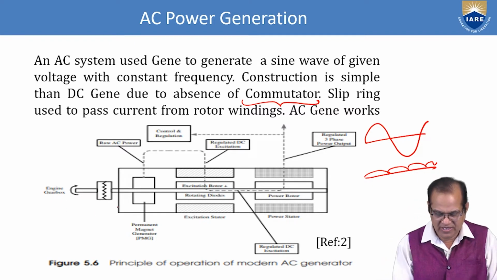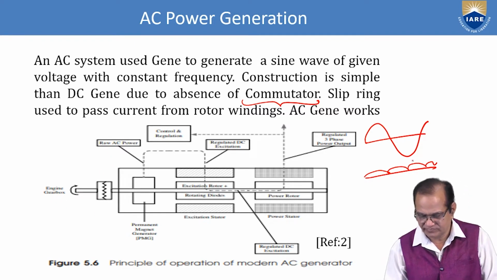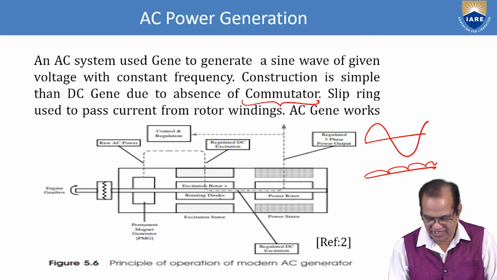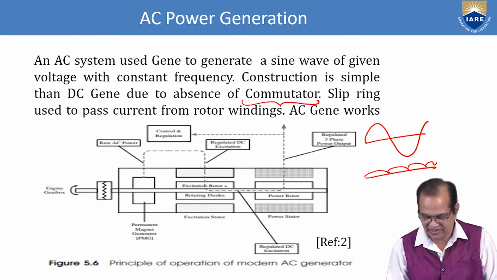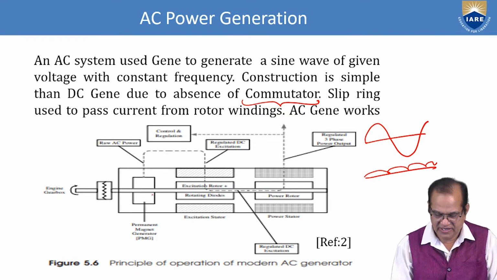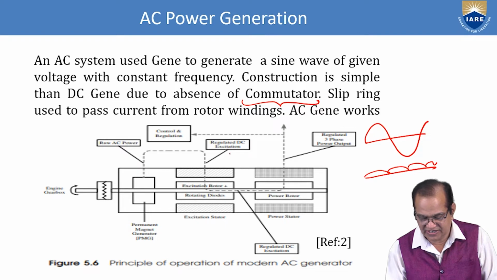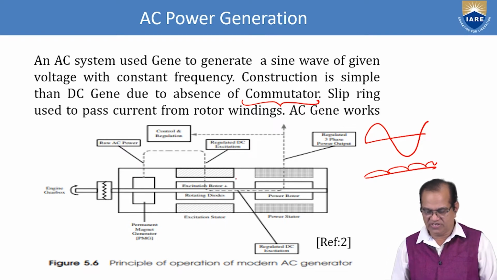Here we have the power sources, the rotating exciter rotors, and here the raw AC power is coming. It is generated with DC excitation, and this is the principle of operation of modern AC generators.